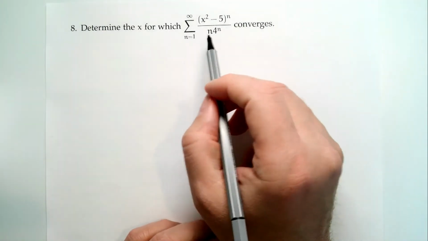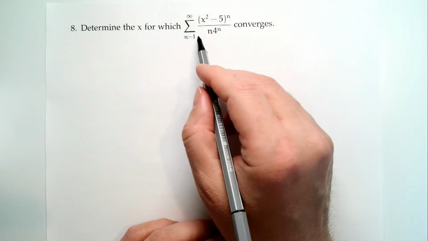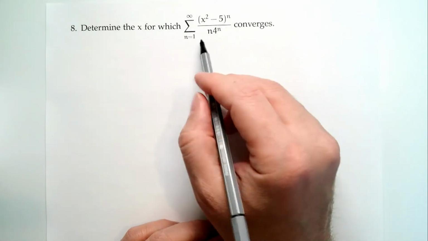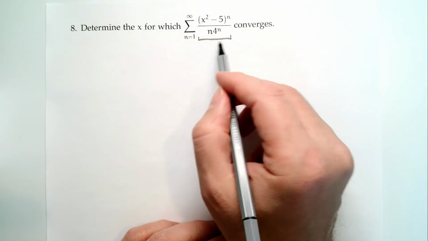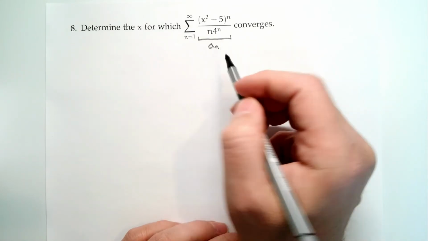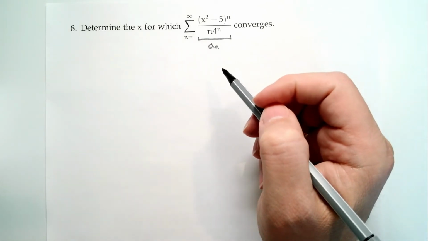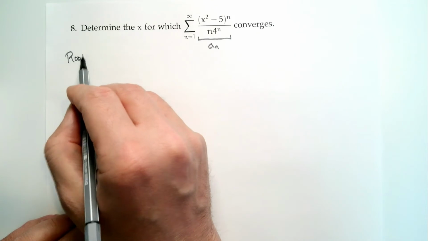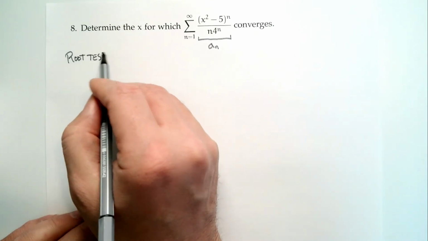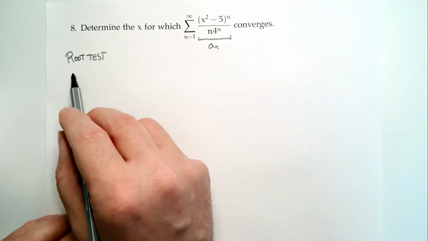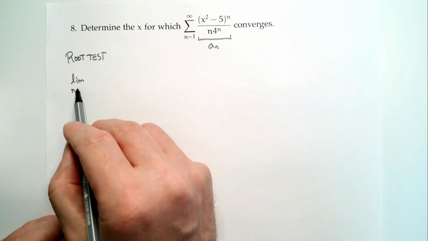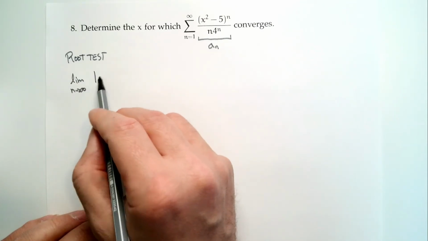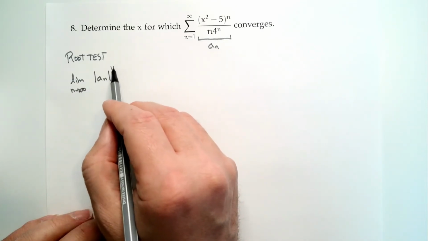Now, if we look at this sum here, we see lots of things raised to exponents, no factorials. So that's sort of the idea of saying, let's use our root test. So we're going to do a root test. And what do we get? Well, we're going to take the limit as n goes to infinity of the absolute value of a_n to the 1 over n.